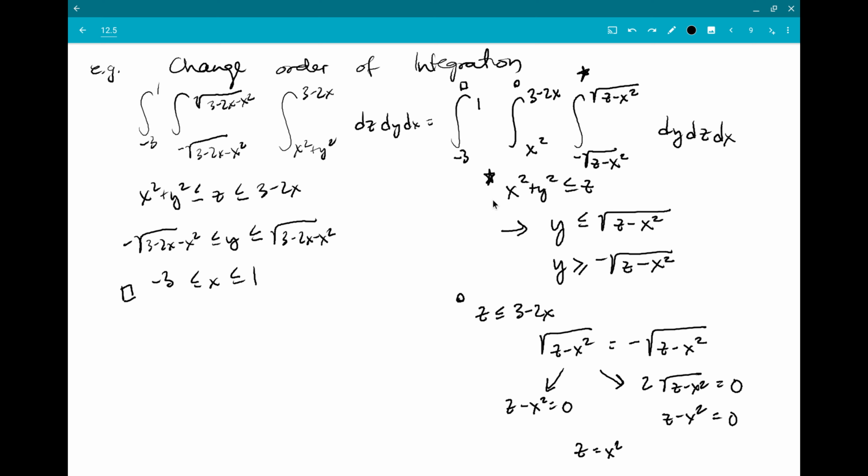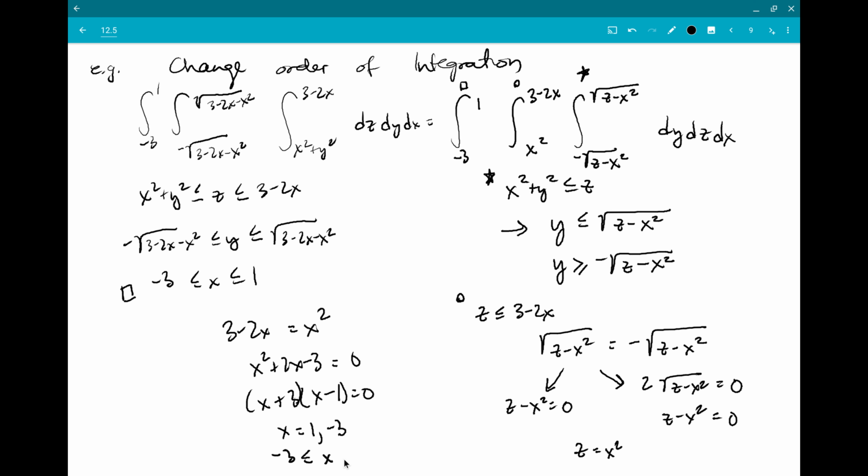But if you didn't know what to do from this point, you could solve 3 minus 2x equals x squared. You'll get x squared plus 2x minus 3 equals 0. That's x plus 3 times x minus 1 equals 0. That's x equals 1 or -3. So -3 is less than or equal to x, which is less than or equal to 1.